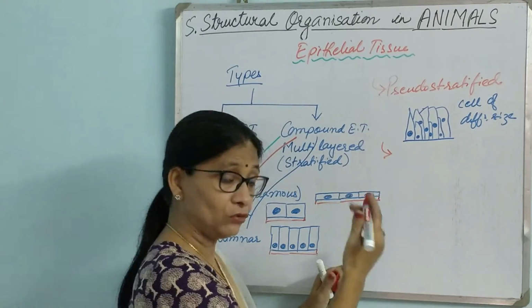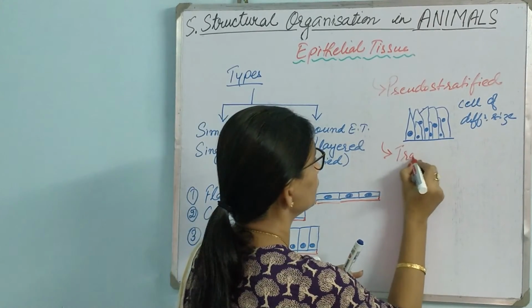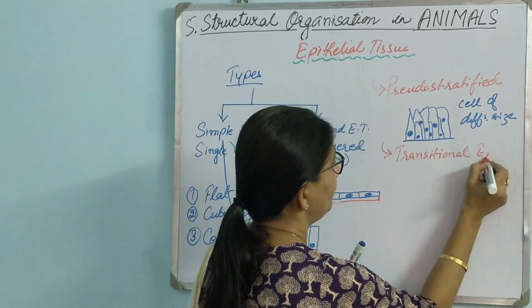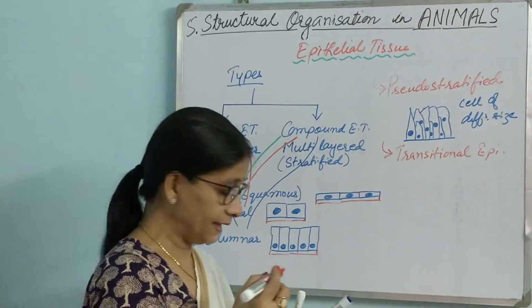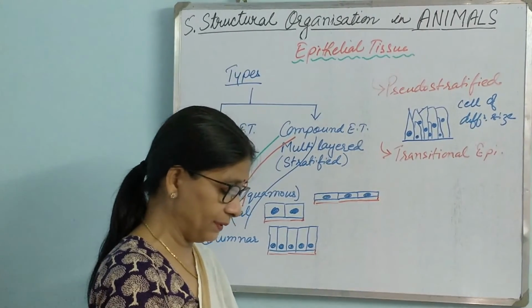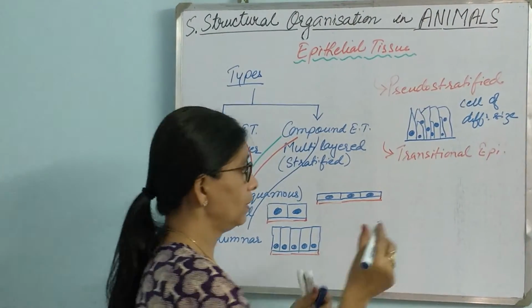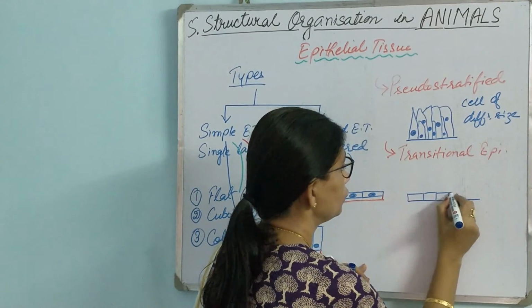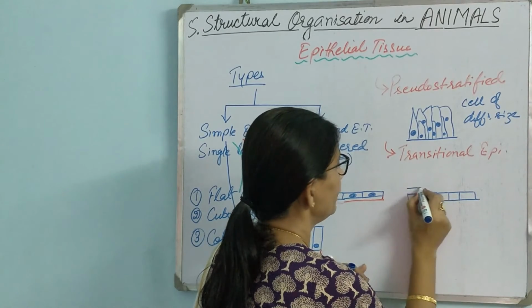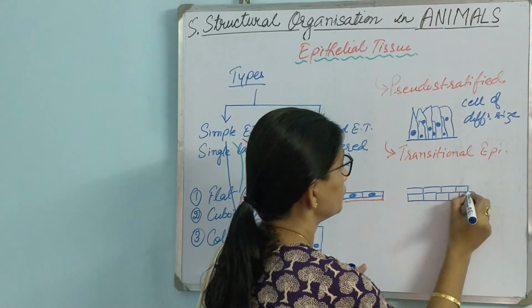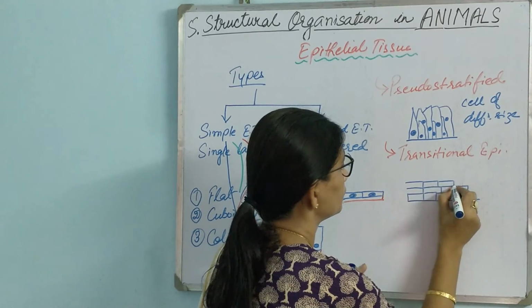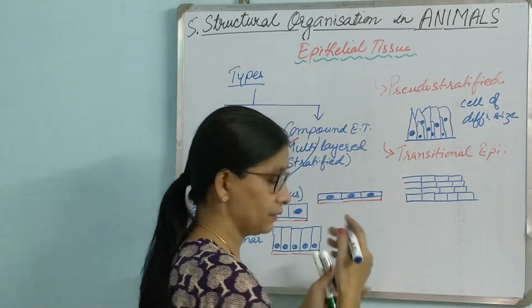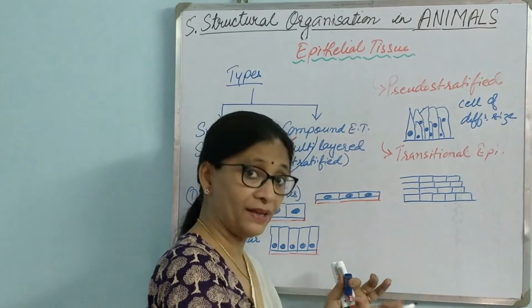Secondly, there is another special type which is known as transitional epithelium. This is again a special type of epithelium. Here, what is happening? It is multicellular, squamous type, but transitional means that it stretches.